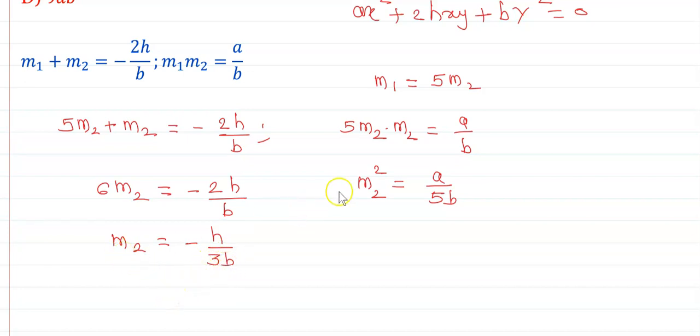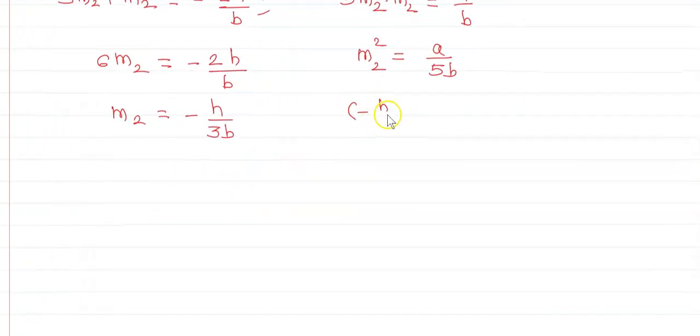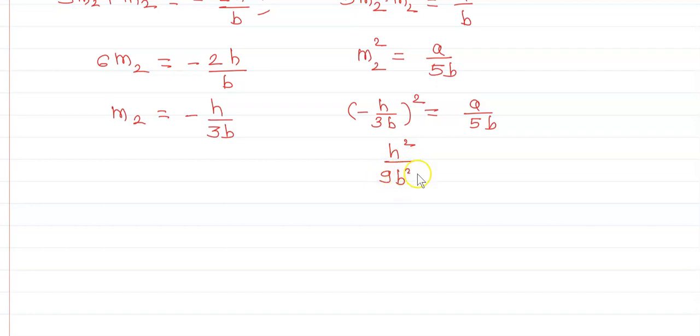Substitute the value of this m2 in this equation. Then you will get minus h upon 3b, whole square, equals a upon 5b. After squaring, you will get h square upon 9b square equals a upon 5b.